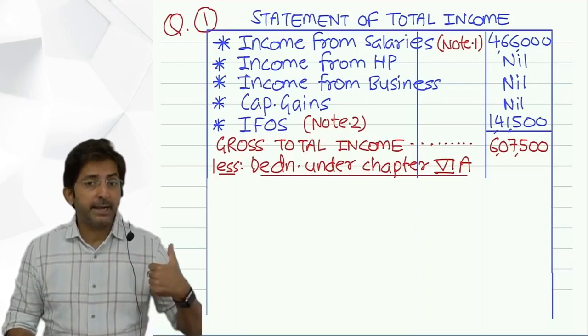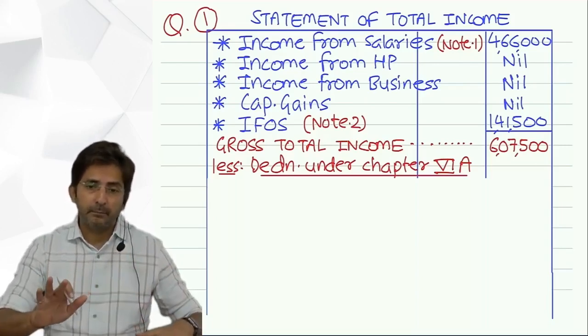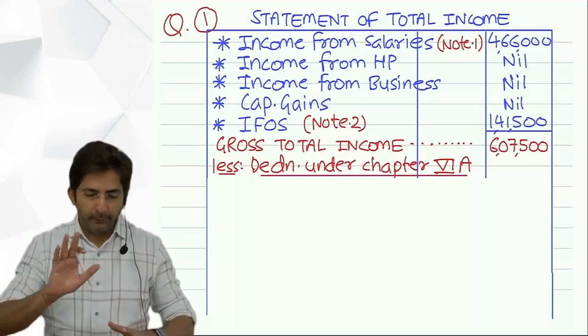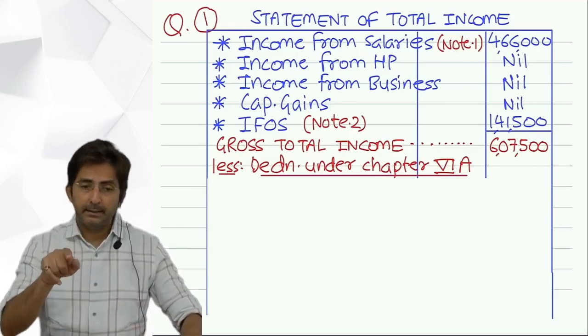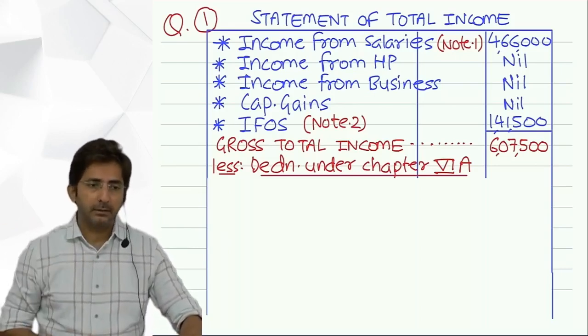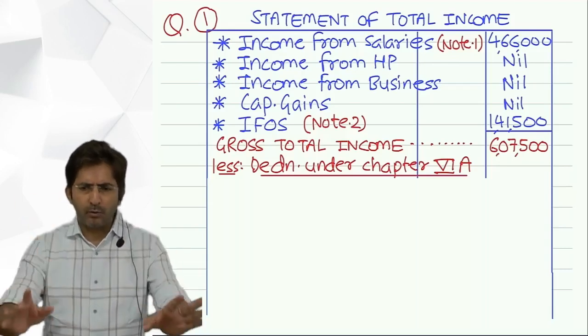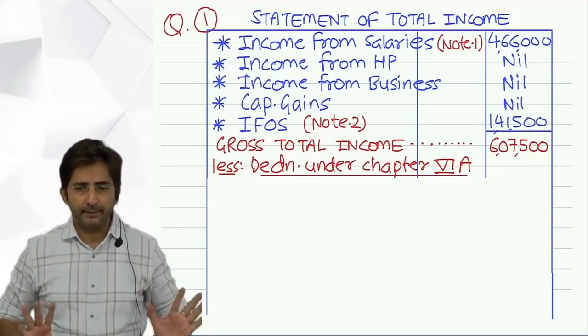Remember, yesterday I explained adjusted gross total income is after deducting everything except 80GG. So I will keep it at the end. And one more thing: later I will teach 80G. Even that you should keep last. Why, I will explain later. But right now make a rule: 80GG and 80G, always take at the end.